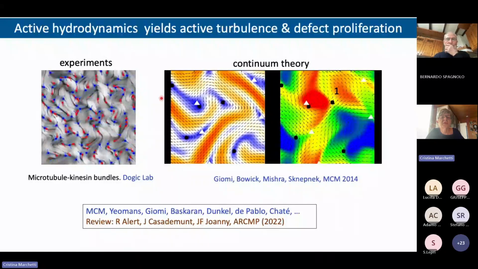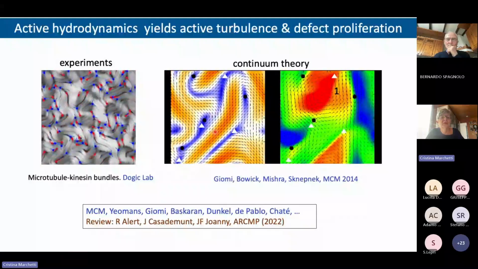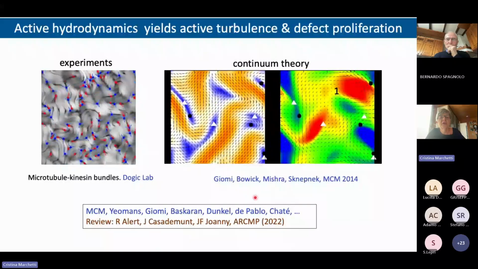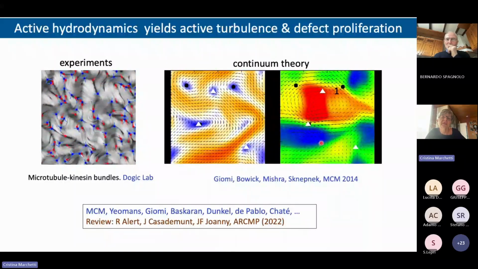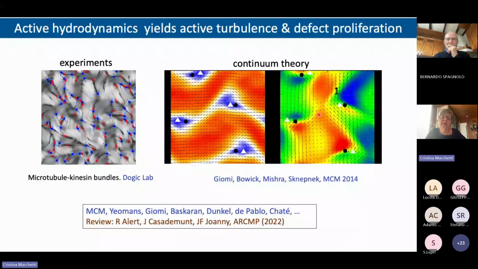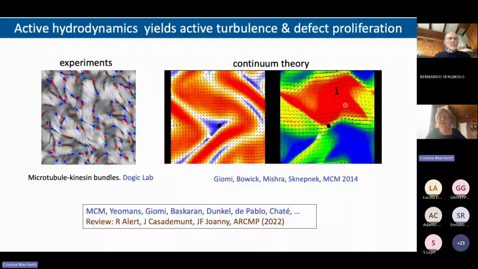And defects, of course, the defect cores, are where the order goes to zero. And so you see the defect pair being generated in this blue region. To the right, the color is vorticity. And so you see these large-scale vortical flows with defects getting unbound in the high shear region between counter-rotating vortices.